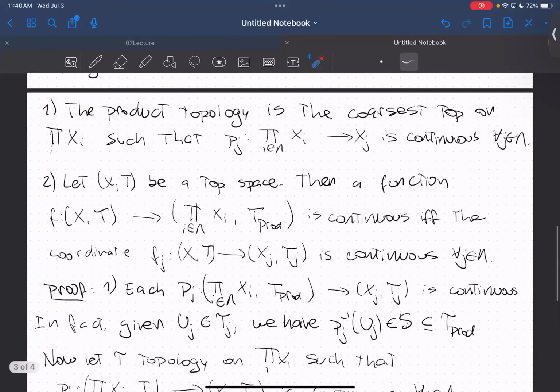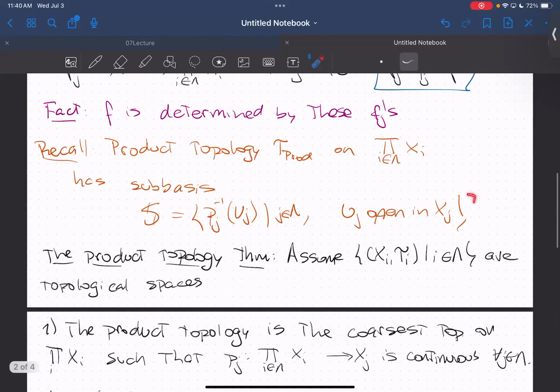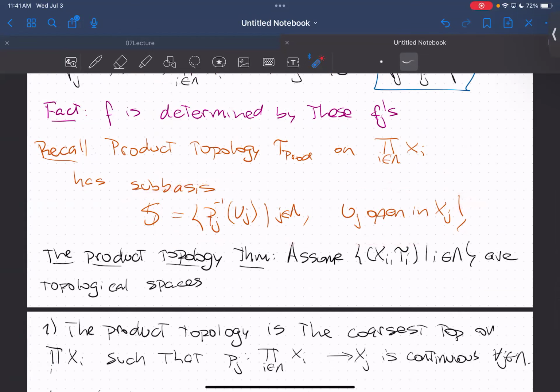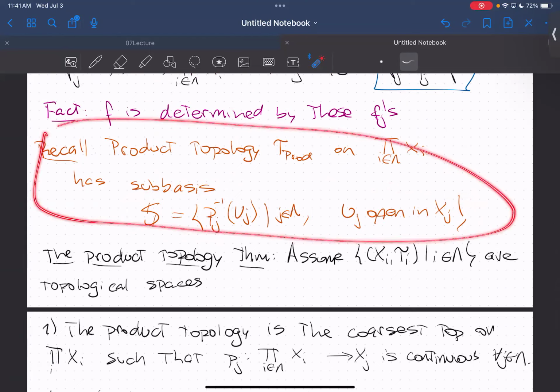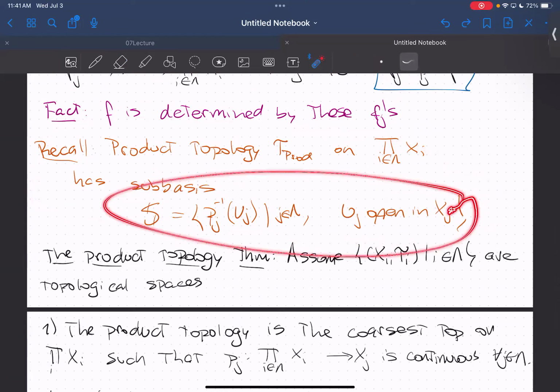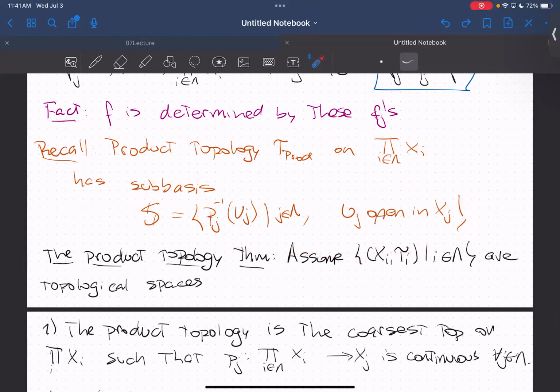Right. So let me go up to the definition. This is how we define the subbasis for the product topology. That's just a specific definition of subbasis. This is how we define the product topology. This is a subbasis for some basis, and the basis that you get is called the product topology. Okay, I see. And all topologies can have different subbases, right?